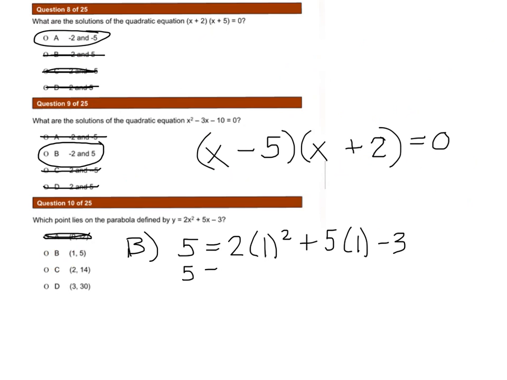And we simplify, and we see that 1 squared is 1, and 1 times 2 will be 2. And 5 times 1 is 5, and we still have minus 3. 2 plus 5 is 7, minus 3 is 4, and that is obviously incorrect. So we know the answer cannot be B.